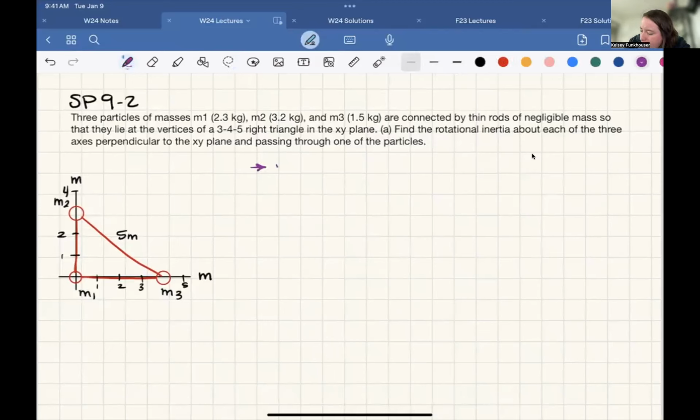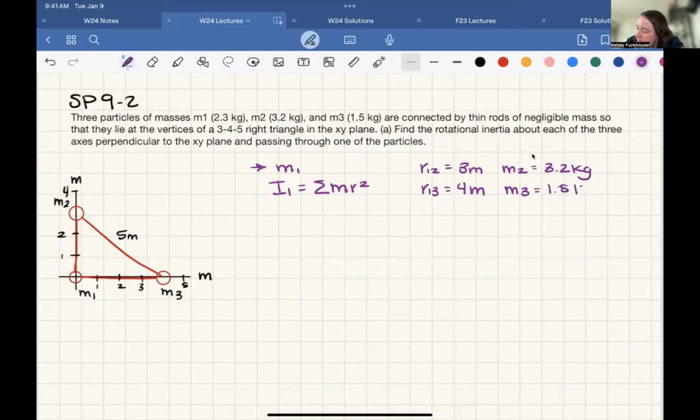Let's see. Mass 1. And we can get the distance between the other masses and mass 1. We'll just call those R1,2, and that is 3 meters, just reading that off the figure. And R1,3 is 4 meters. And let's just write these masses down so we don't forget them. Mass 2 is 3.2 kilograms, and mass 3 is 1.5 kilograms.